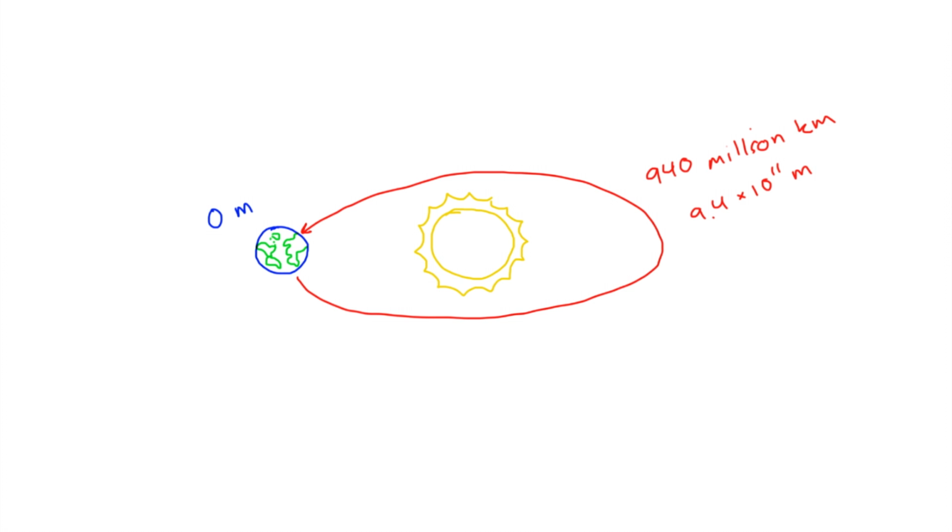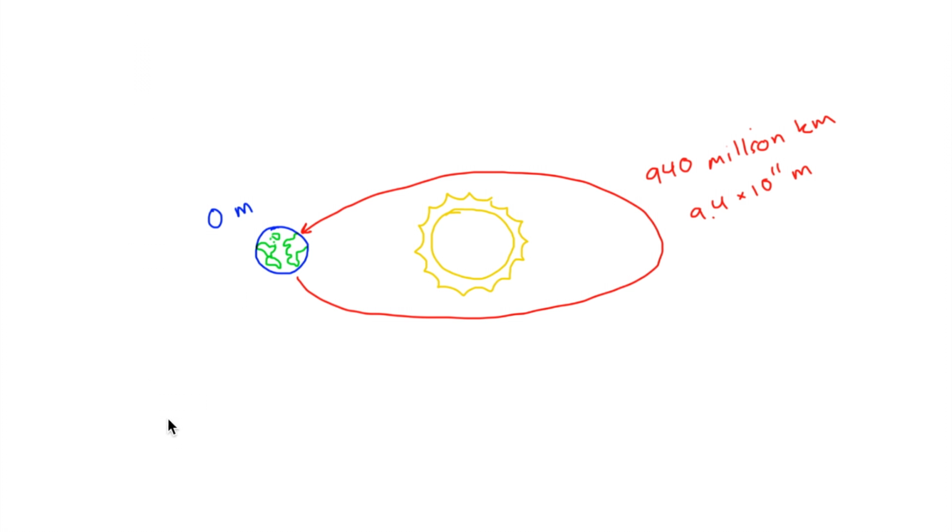So first let's calculate its speed. We know it traveled 9.4 times 10 to the 11 meters, but how long did it take to do that? Well, we all know how long it takes for the Earth to go around the Sun. It takes a year. But first we have to translate 1 year into seconds.